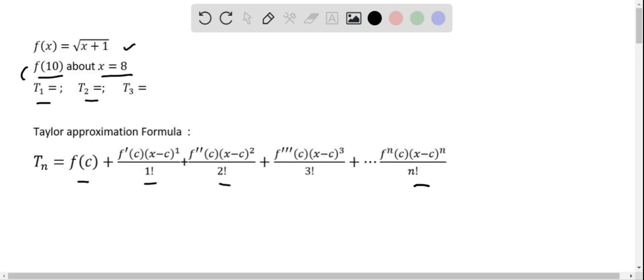So this is the primary formula which we'll be using to determine the values of T1, T2 and T3.